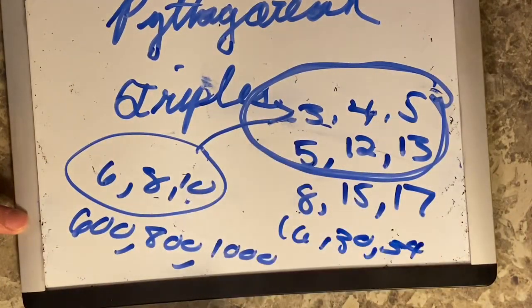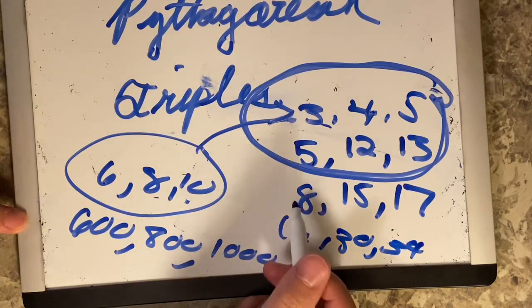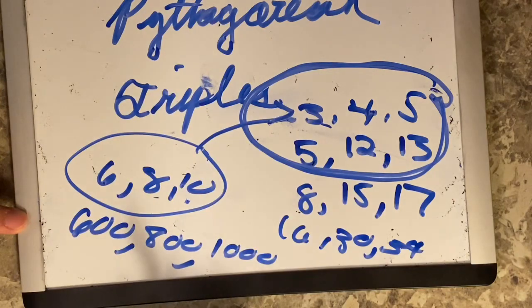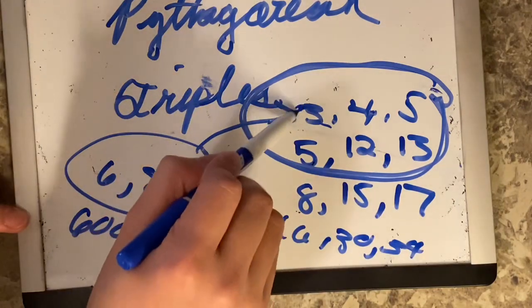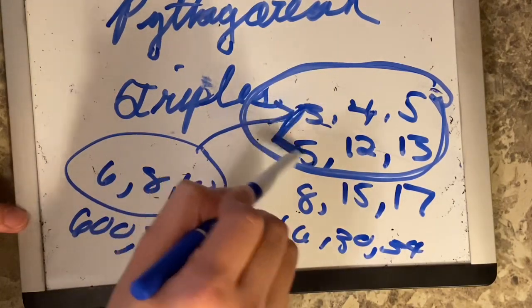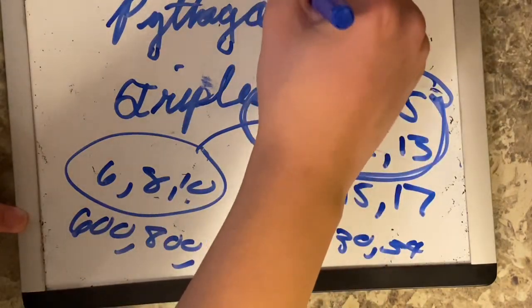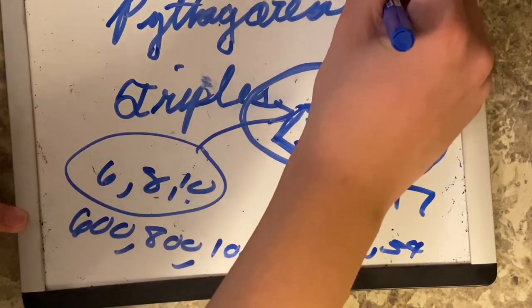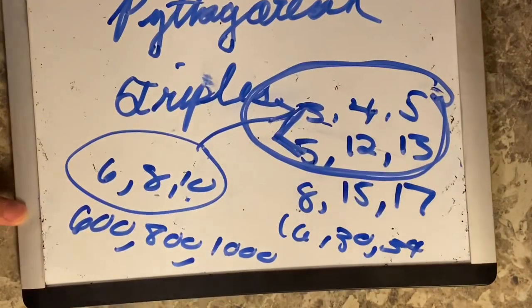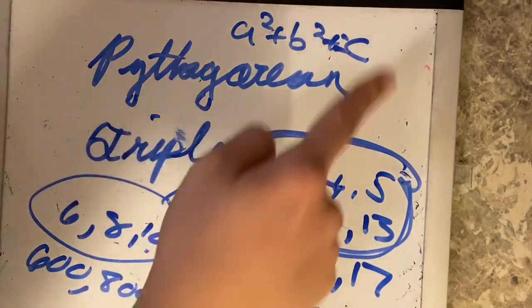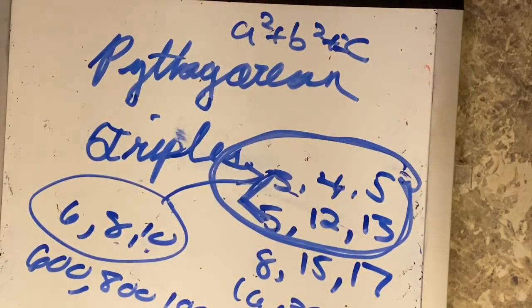This is a Pythagorean triple, and you can multiply this by 1,000,000, and it will also be a Pythagorean triple. So the most common you will see are these two right here. And if you're not sure, you can always plug it into the equation. You can always use the Pythagorean theorem to find the sides of the triangles or fact check.